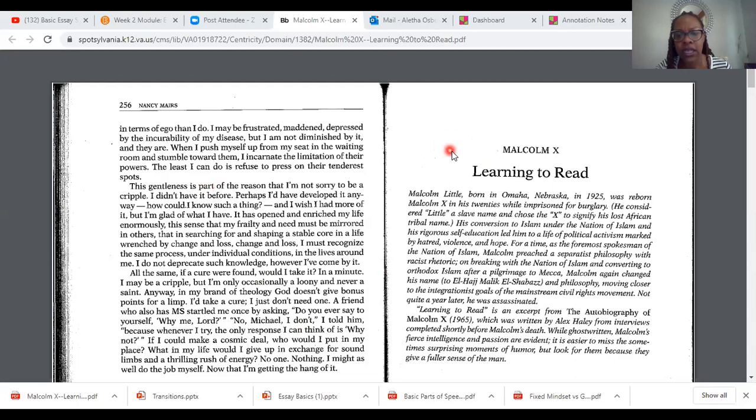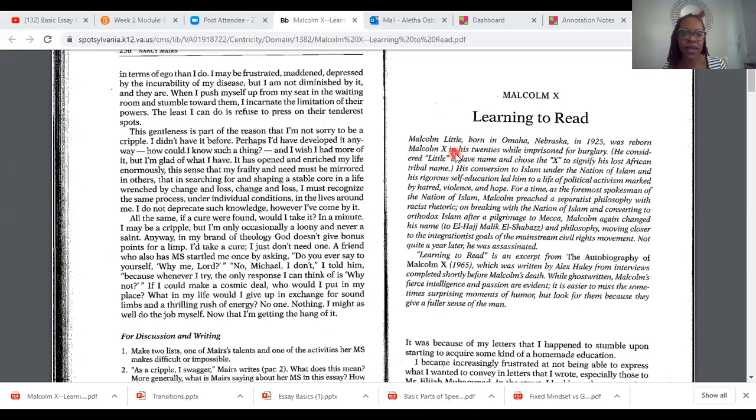So the title, Learning to Read. From that title, what can you guys predict the text will talk about? I'm learning to read. I'm learning to read. Sometimes it's just that basic, Brandon, right? We know we're going to talk about the author's process of learning to read, right?